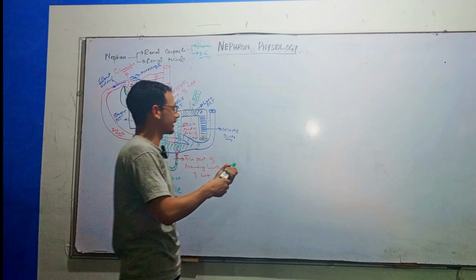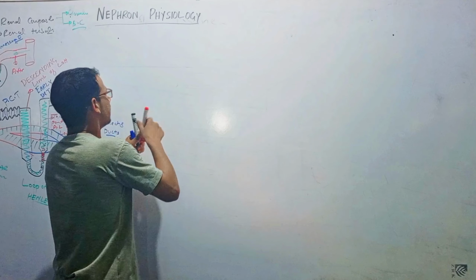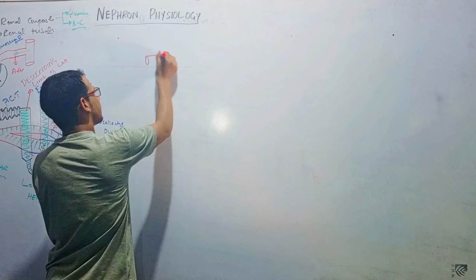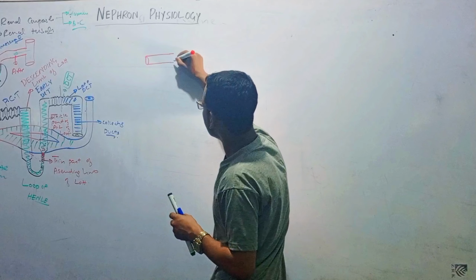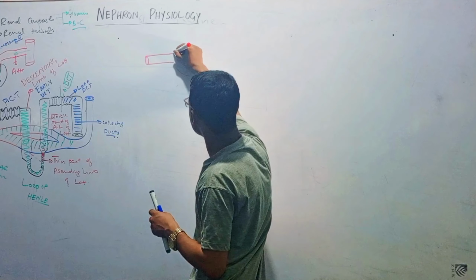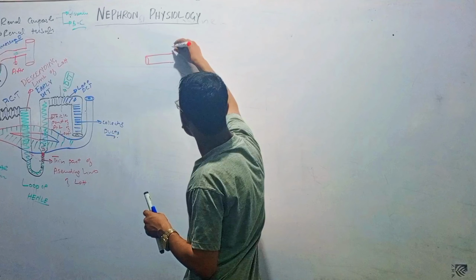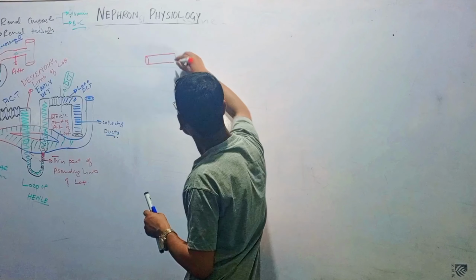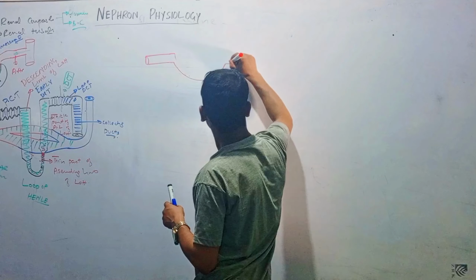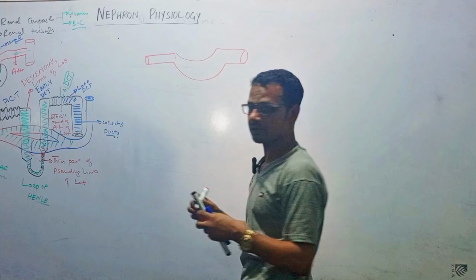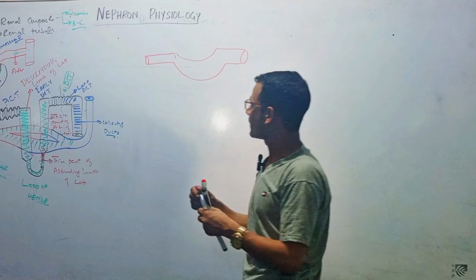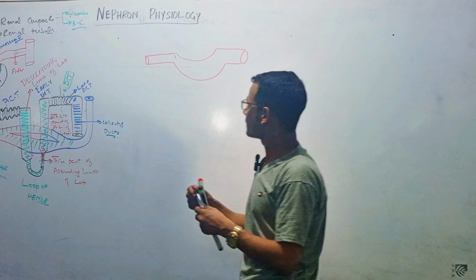So for example, here I have the afferent arteriole, and this afferent arteriole is further divided into different capillaries. So I am taking one capillary from this structure, right? The first cell type is in the glomerulus. This is the glomerulus, right?